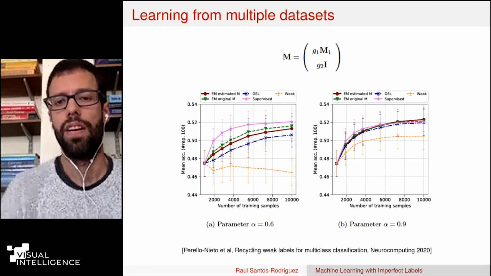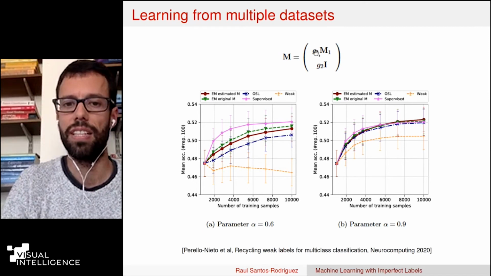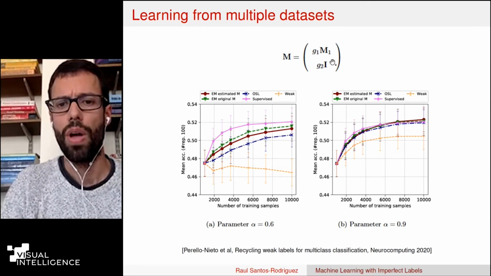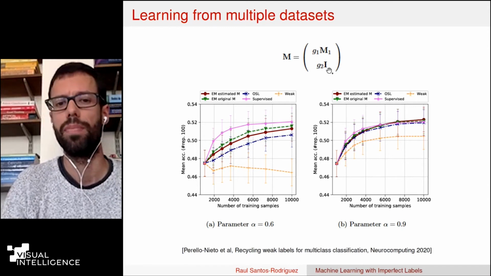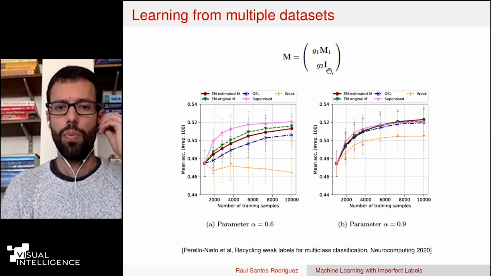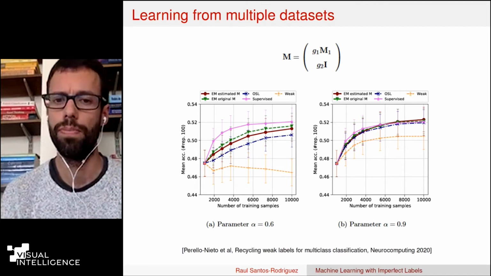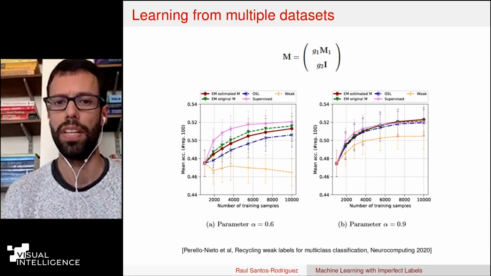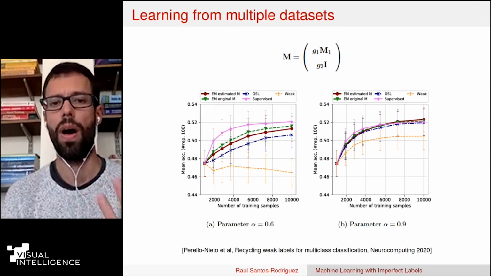We do that, for instance, here, in a case where we have a data set that is noisy that we call M1, and we have a data set that has clean labels that is using this identity matrix here. We build new mixing matrices that are able to combine the two and learn optimally.